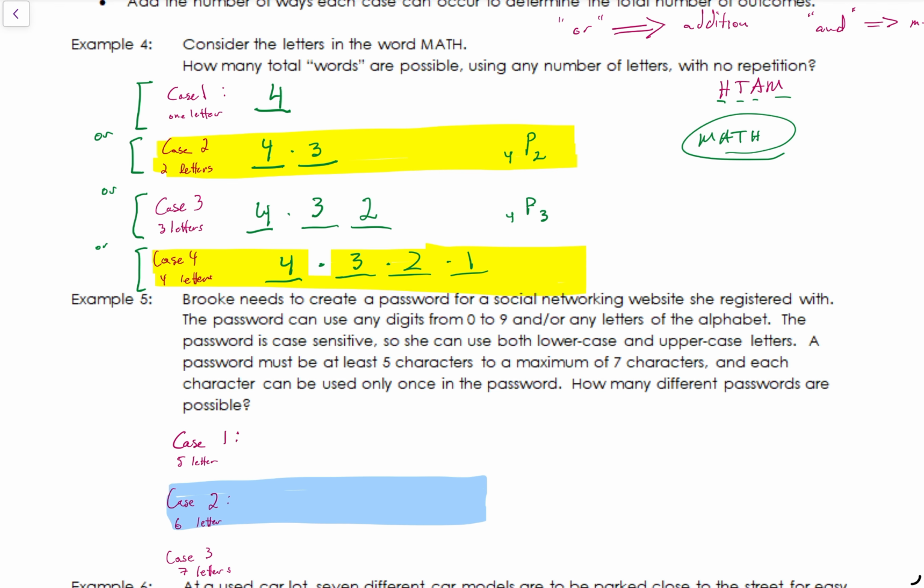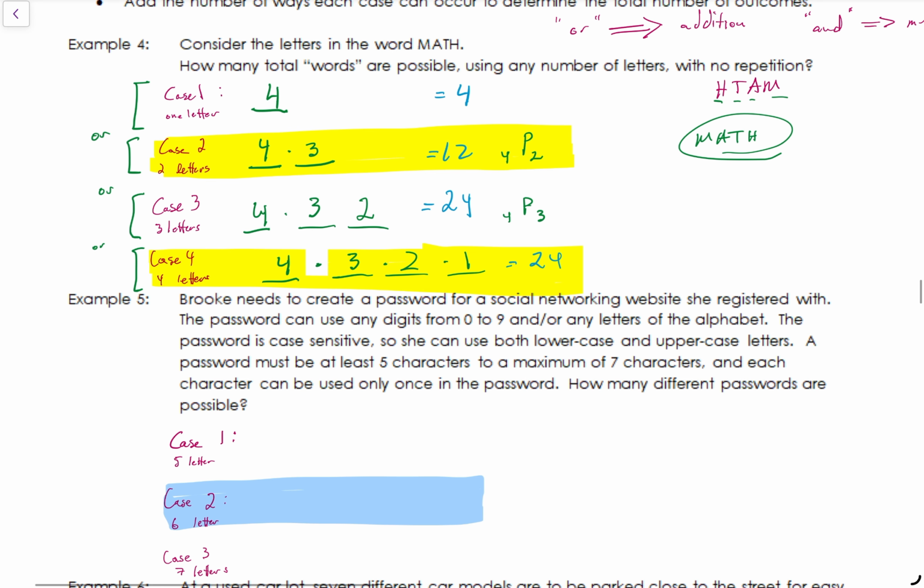Last but not least, 4 times 3 times 2 times 1 is 24. So quickly adding these up. Now, do you see the word or? This implies addition. So we are just going to add the number of outcomes in each case. And I believe that is 64 possible ways that we can do that.